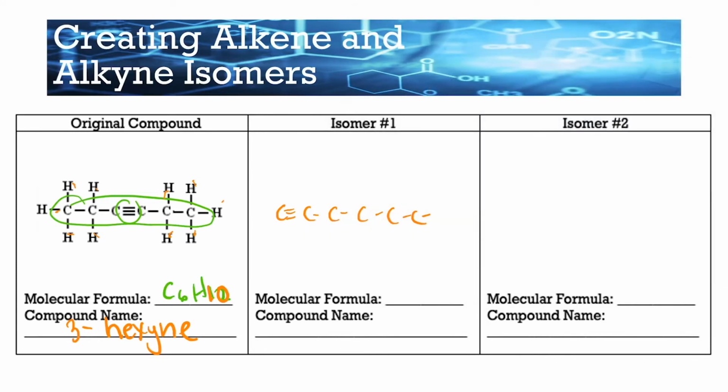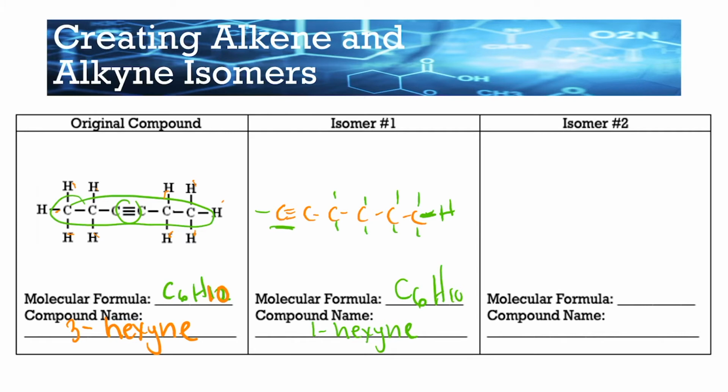And then everything in green will be an H. Now this formula is still C6, and we have 1, 2, 3, 4, 5, 6, 7, 8, 9, 10 H's. And the name for this one would be 1-hexyne, because now this triple bond starts at the first carbon.